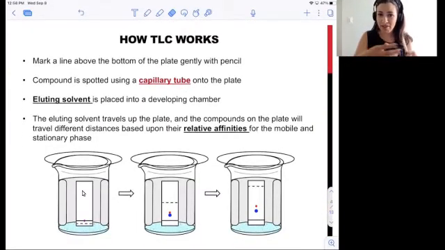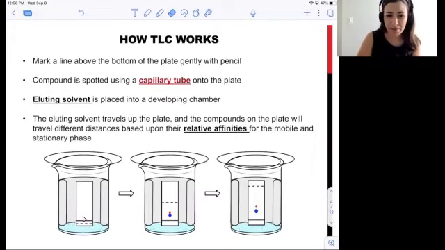So in order to carry out a TLC analysis, you're going to begin with your TLC plate. And outside of the chamber, you're going to gently mark it with a pencil and spot a solution of your sample using a small glass capillary tube. We'll cover the precise technique for this during our pre-lab discussion in the lab. Before you place your plate into the beaker, you're going to add your eluting solvent or mobile phase into the developing chamber, just a small amount.